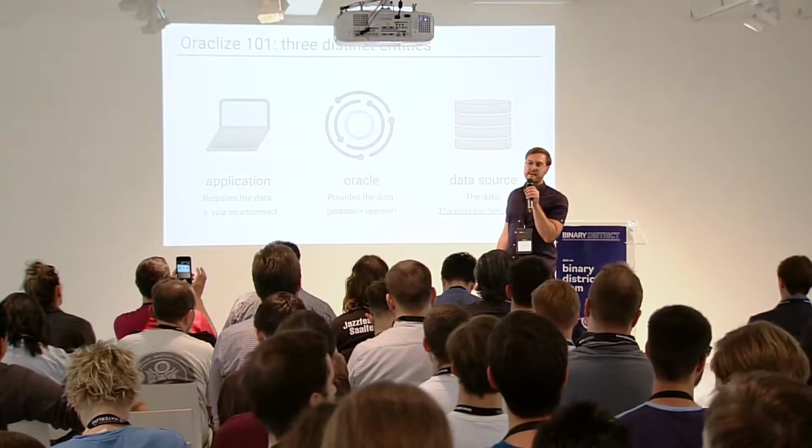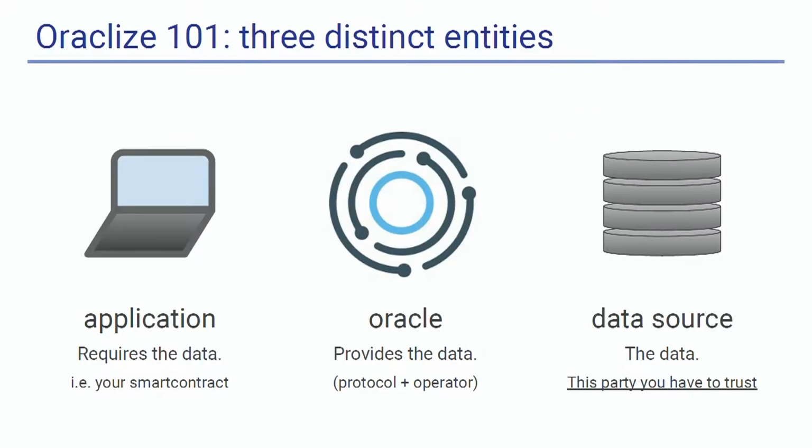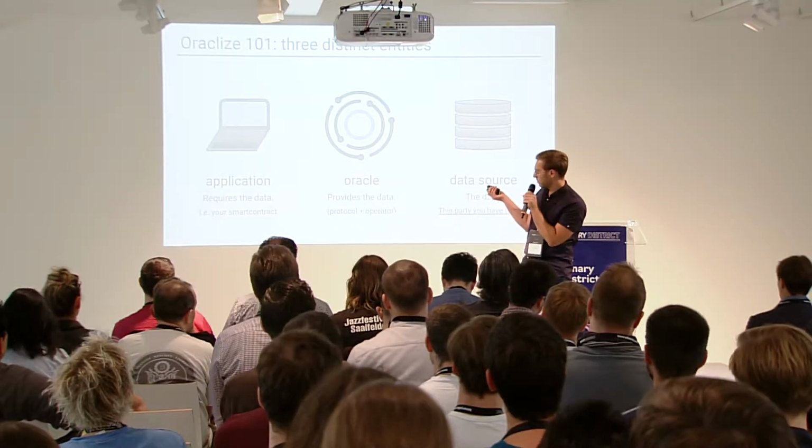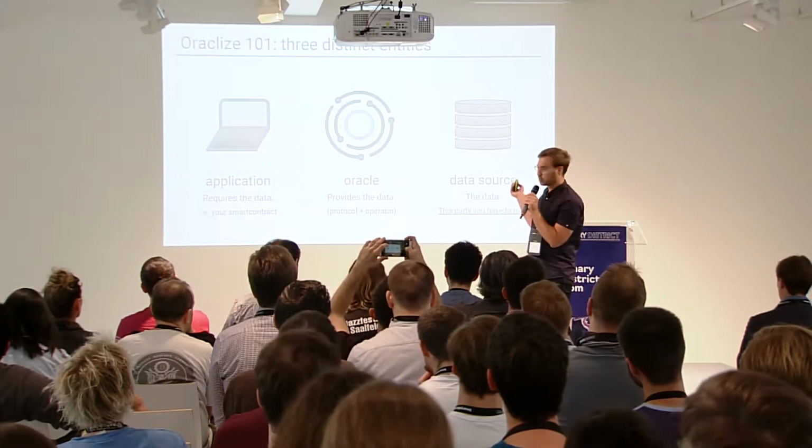So let's make an example for making this more concrete. We may have a smart contract on Ethereum that wants to check what's the temperature in Berlin according to Wolfram Alpha. In that case, the application is the smart contract, the oracle is whoever talks to the smart contract and the data source, and the data source is Wolfram Alpha itself.